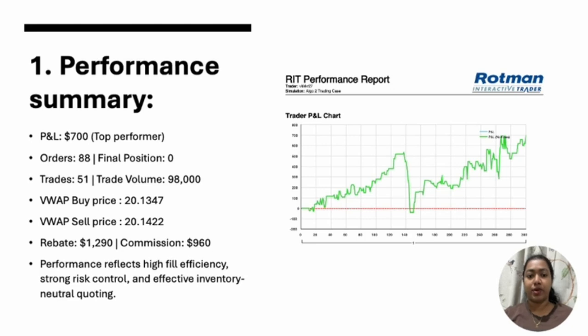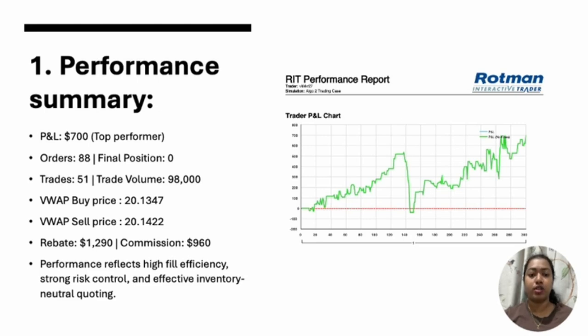Now let's look at a quick performance summary of the algo case. The final P&L shows a profit of $700. Repeating the code for a couple of trading windows showed us that while the coding is risk defensive, it is not very aggressive, which is why the profit seems low, but it has also been observed to be stable.